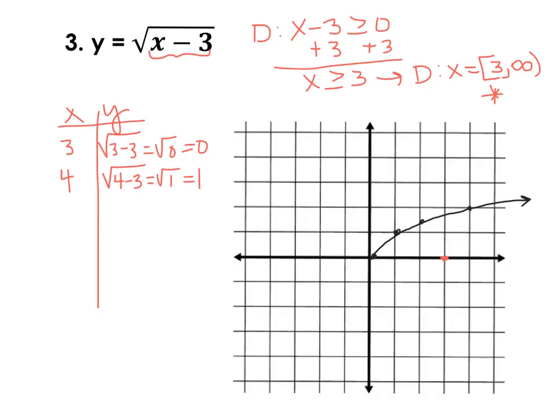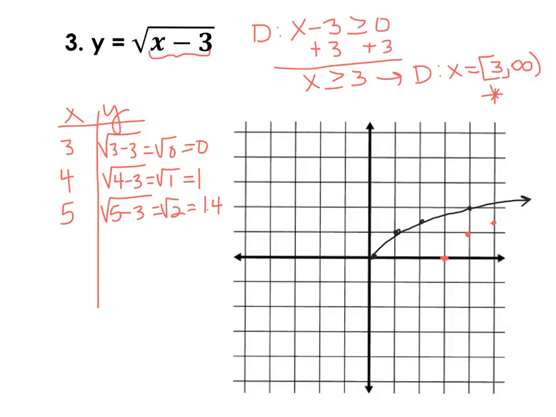So now if I go 4 to the right, I'm only up 1. If I go 5, 5 minus 3, that's the square root of 2. And we know that's about 1.4. So if I go 5 to the right, I'm up at about 1.4.